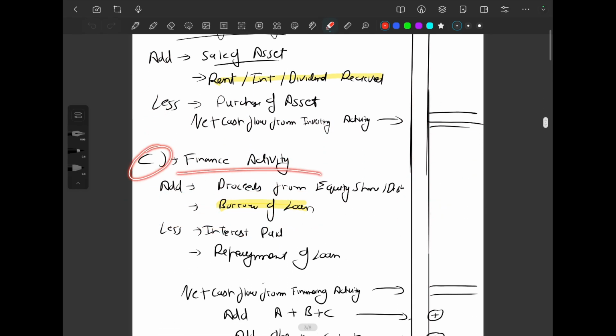And item number C will be financing activity, in which we first add proceeds from equity share, preference share and any debenture. If we are generating any cash from them, we will cover that here. And even borrowing from loan will also be covered here, and we will less interest paid on these loans, and debenture dividend paid also will be covered here.